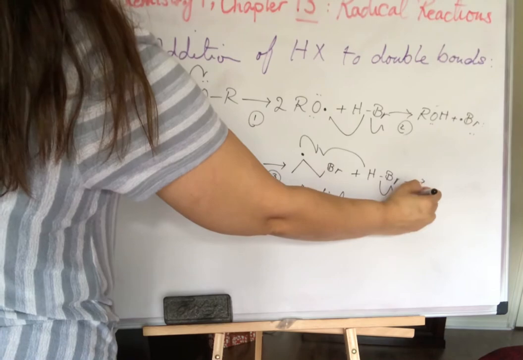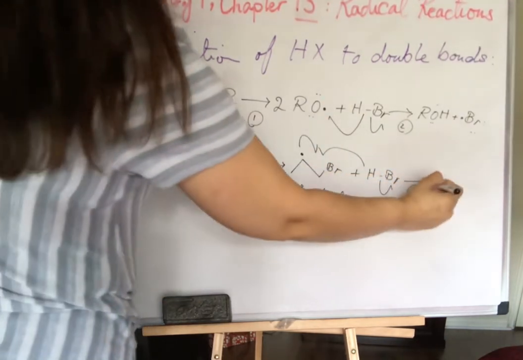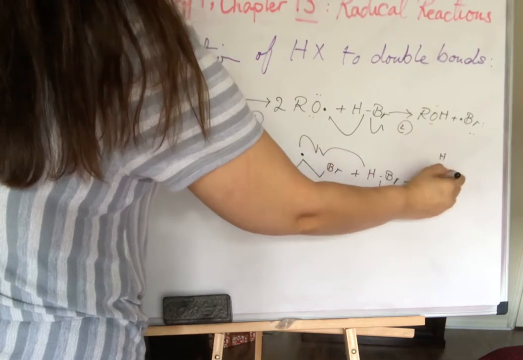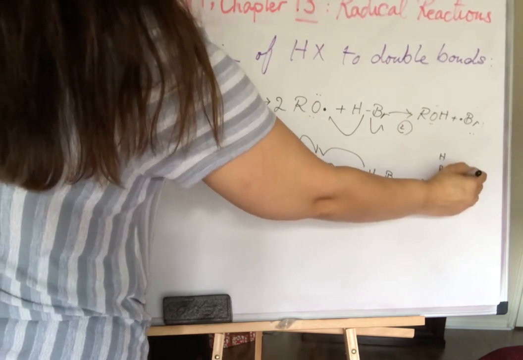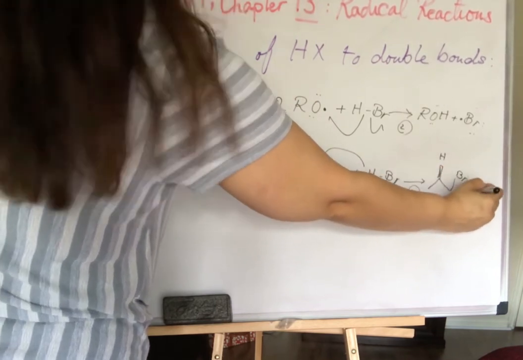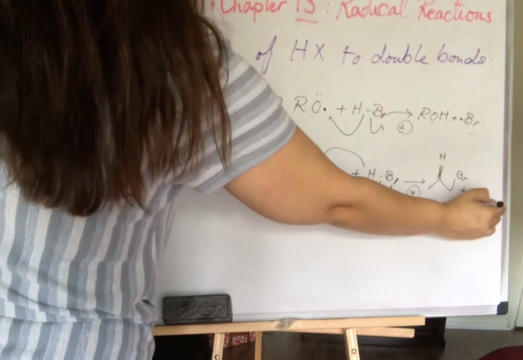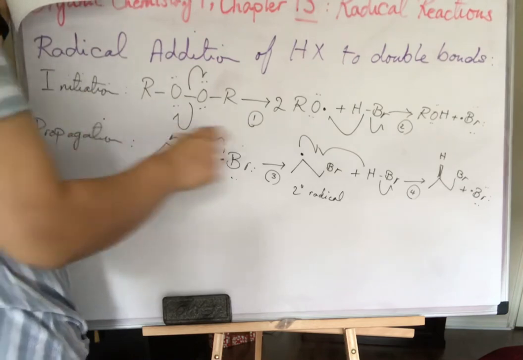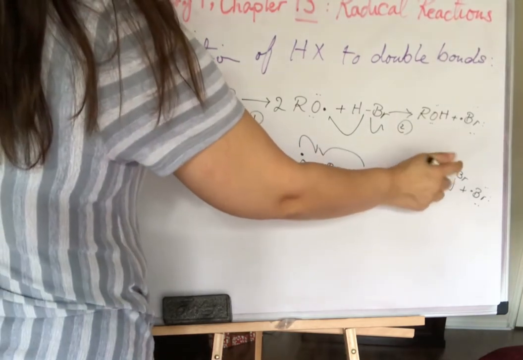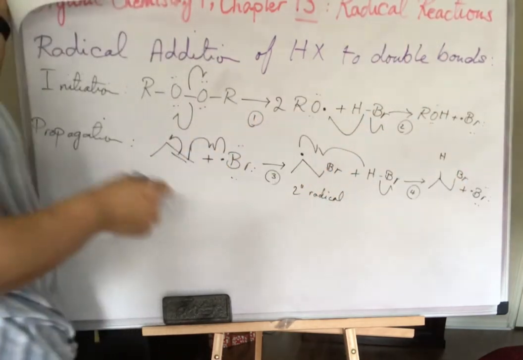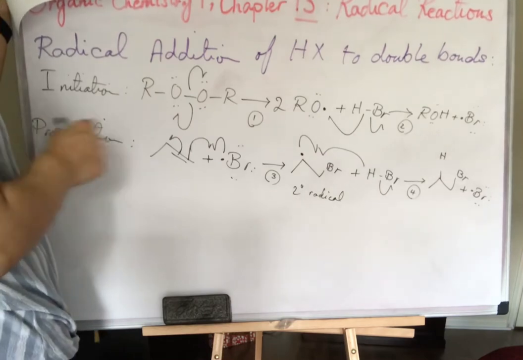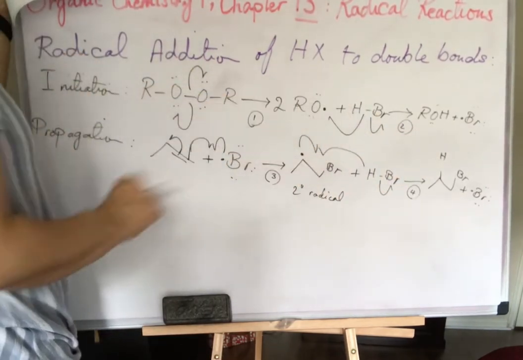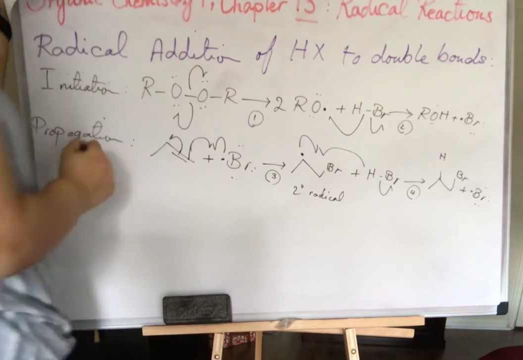So in the 4th step, we will have hydrogen, bromine, plus another bromine radical. Okay? This is the new bond. I mean, I shouldn't have shown it in the wedge because it will give you the impression of having stereochemistry. So this is the non-Markovnikov product.